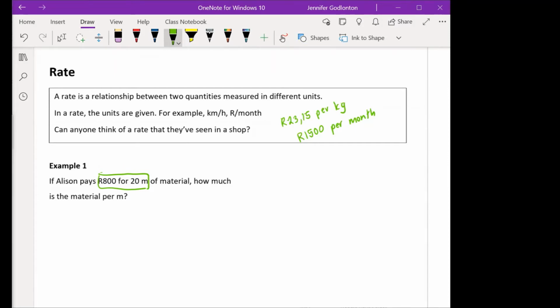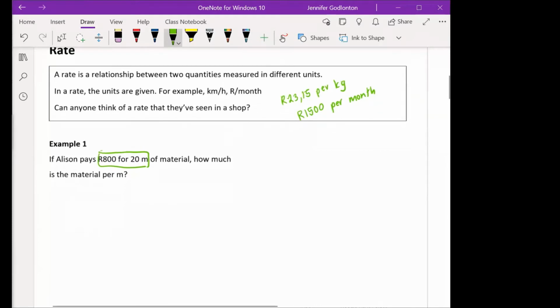Who thinks they can tell me what to do to figure out how much this would cost for just 1 meter if it's 800 Rand for 20 meters? What would I do? Can we divide? Yes, great. We can absolutely divide.